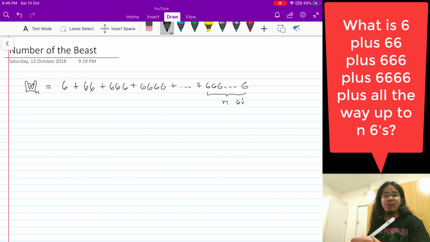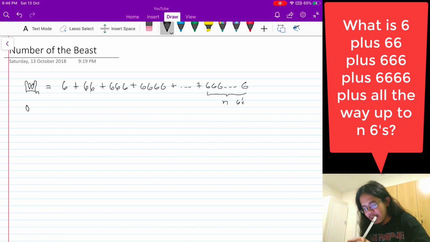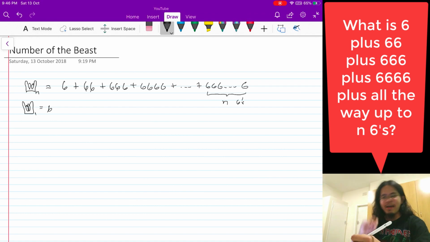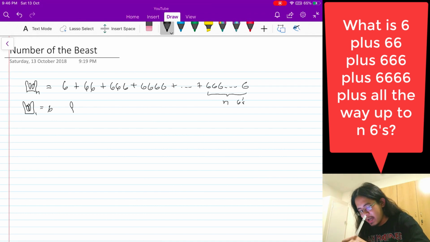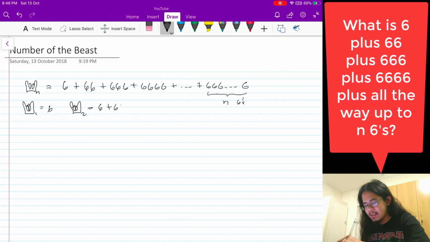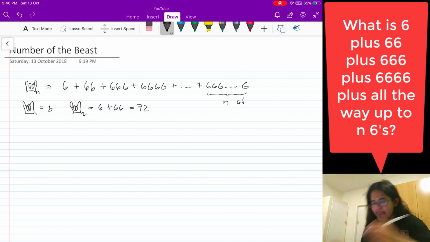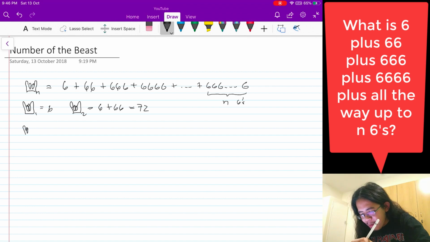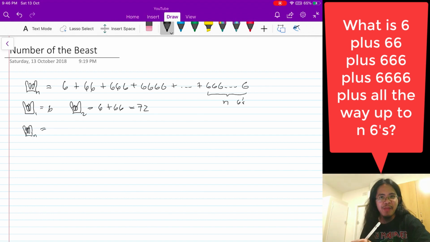For example, the heavy metal of 1 is 6, because you're just adding a single term. What is the heavy metal of 2? You're adding two terms, 6 plus 66, which is 72. But what is the metal of n in general?